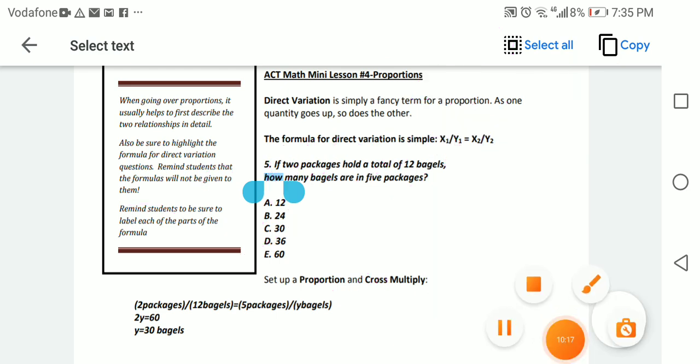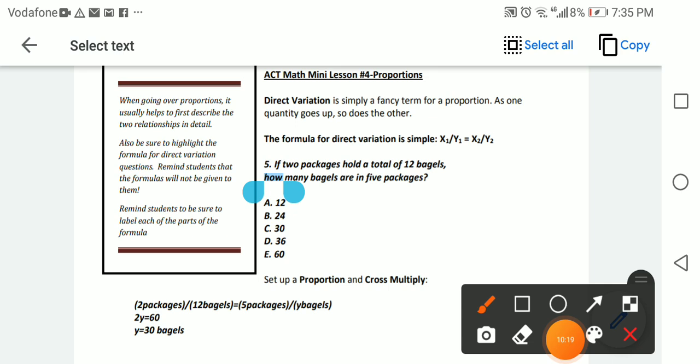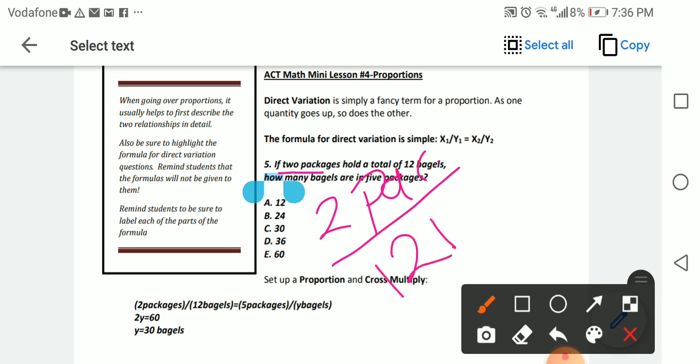Let's do it again. 2 packages hold 12 bagels. How many bagels are in 5 packages?